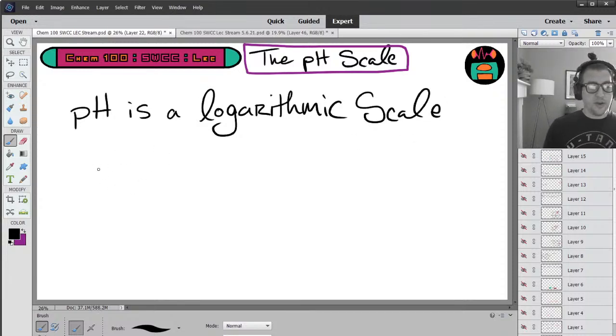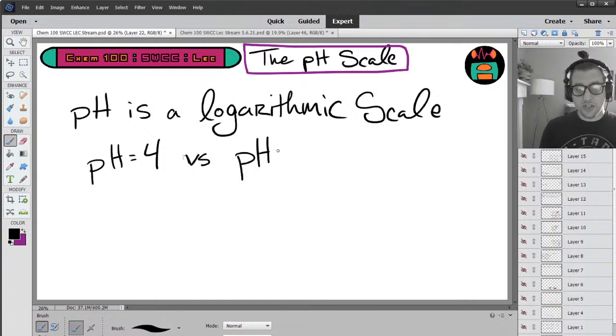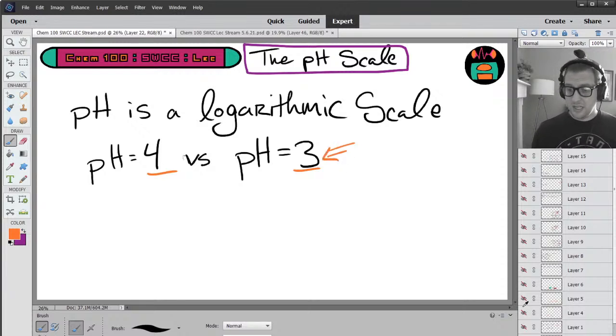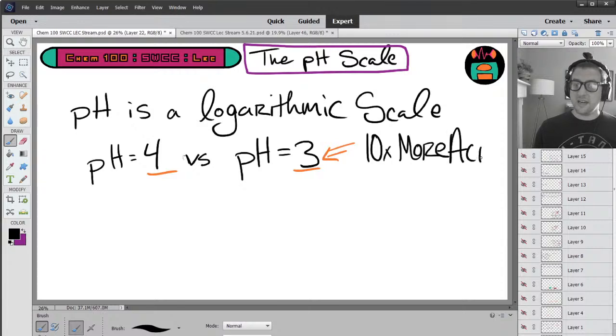That means, for example, let's say you had a solution that had a pH of 4, versus a solution with a pH of 3. Even though the difference here is only 1 unit, right? It's only 1 lower. Because it's logarithmic, that means that this is 10 times more acidic. It's a power of 10.